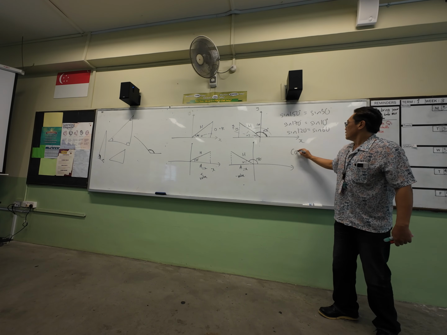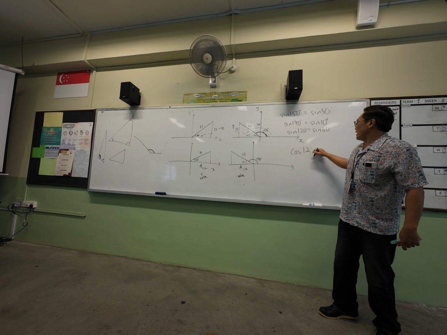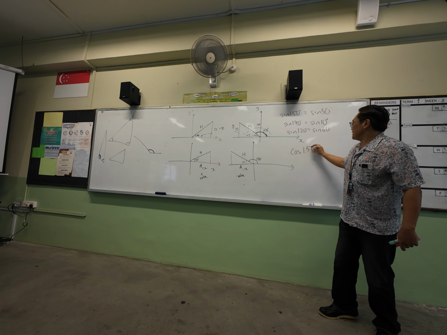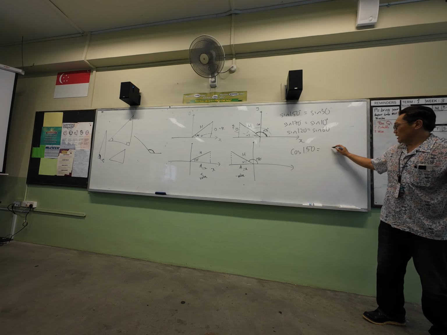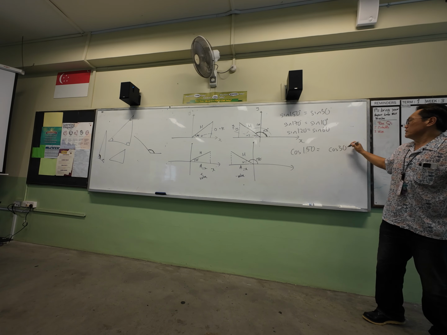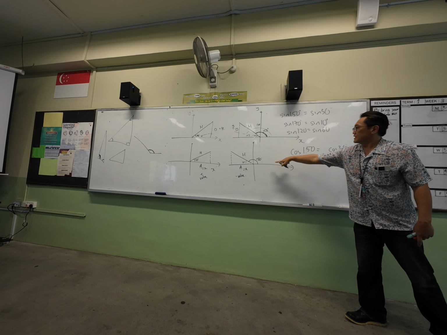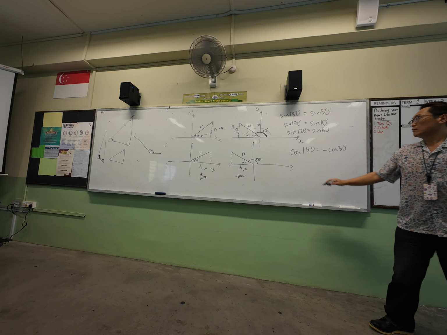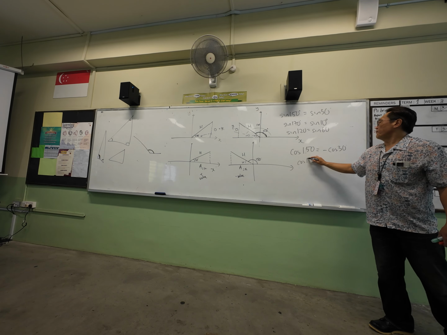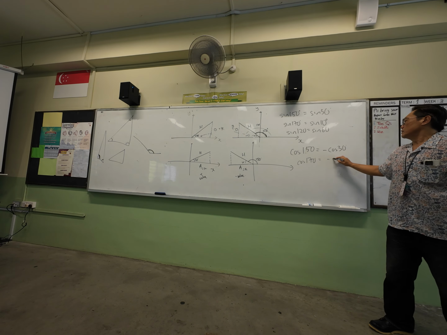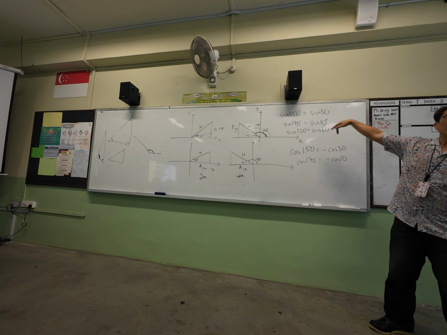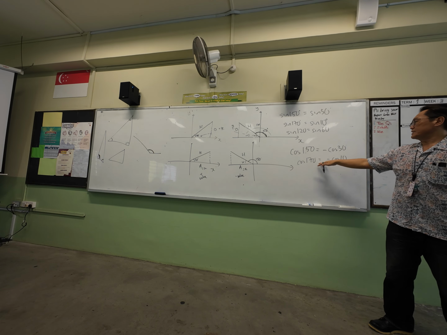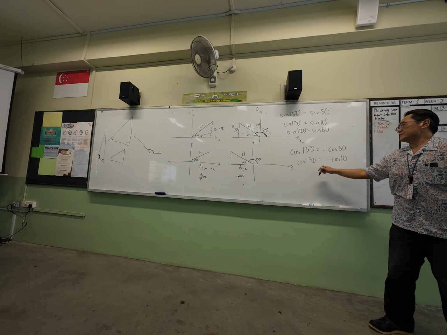That's why cosine of 150 is in value the same, but one is positive, one will be negative. It goes the same for any other angle. The cosine number is the same, but the sign is different.